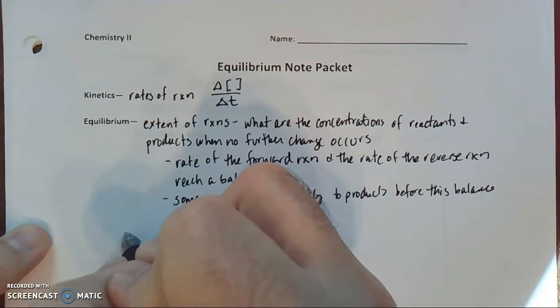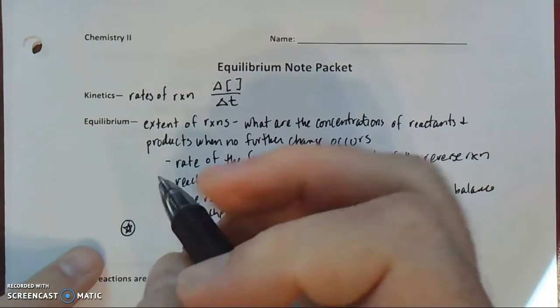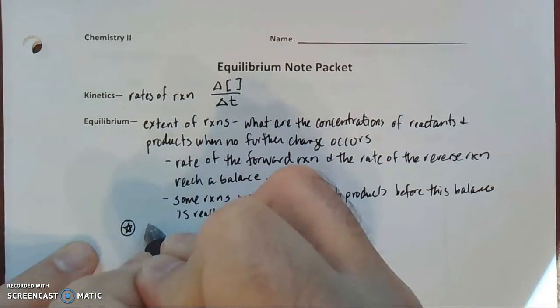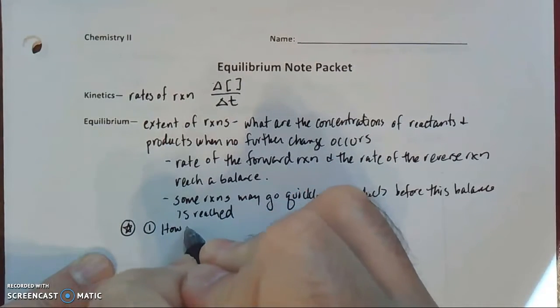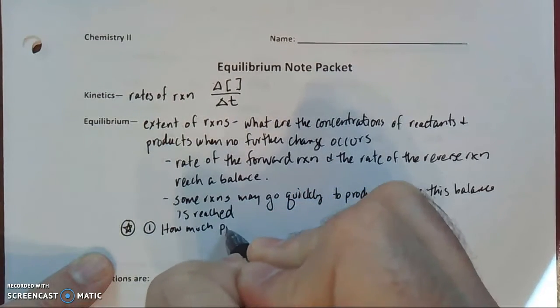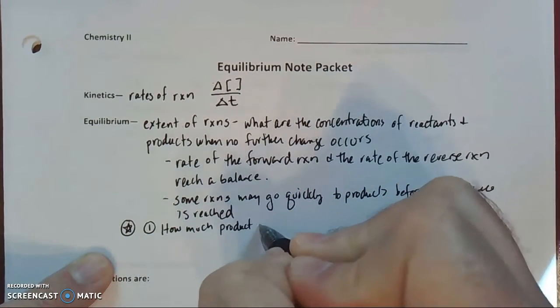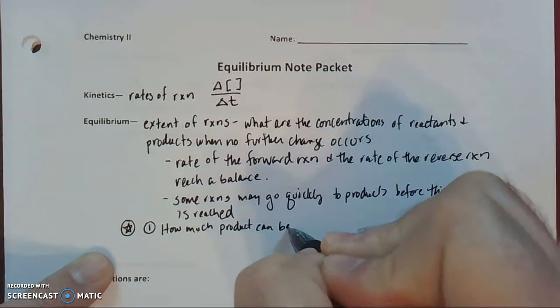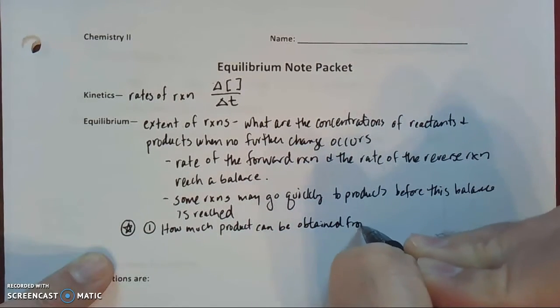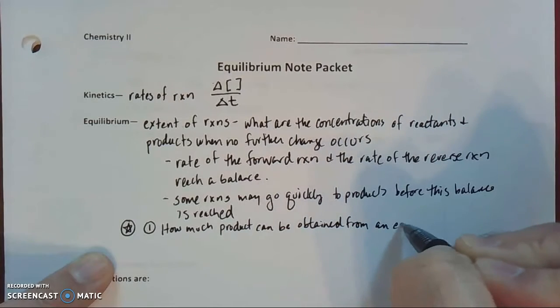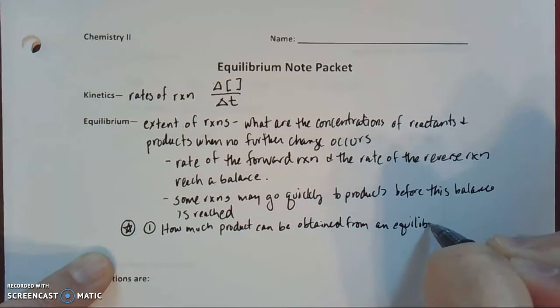So equilibrium, when we study it, asks two questions. One, how much product can be obtained from an equilibrium reaction?